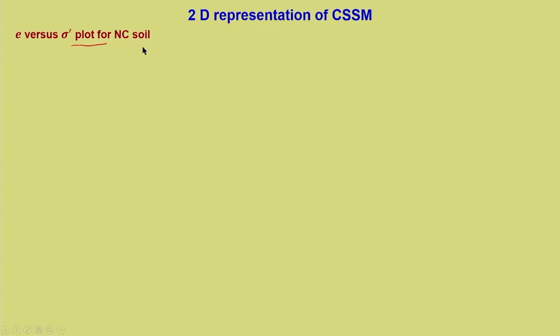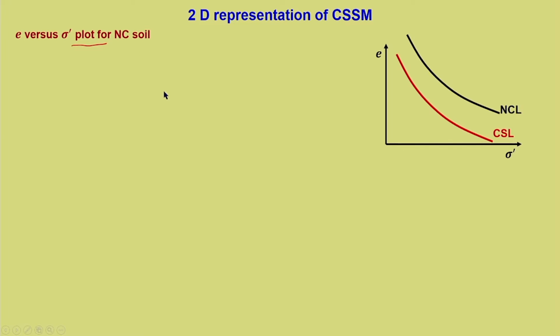So, we need to discuss from those angles. First, let us see e versus sigma dash plot for NC soil, normally consolidated soil. We start with this particular curve, e versus sigma dash. Please note it is not log sigma dash.